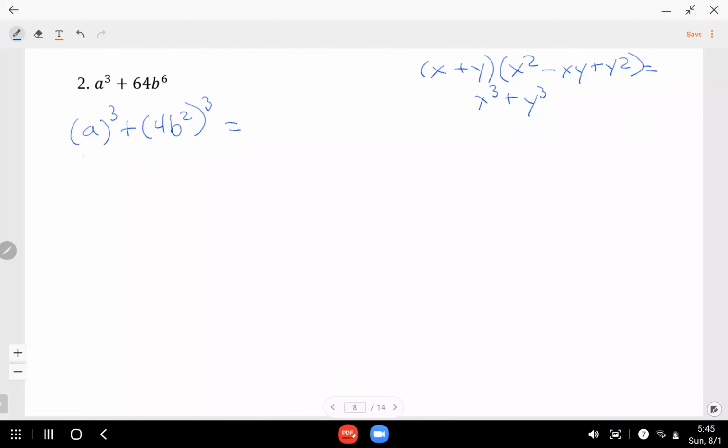And you're going to take x, and you're going to take y and just plug it into the formula. And then you get what Edward got. You're going to get a plus 4b squared, because x plus y, and then x squared, which is a squared, plus 4ab squared plus 16b to the fourth. All right, so that's your answer.